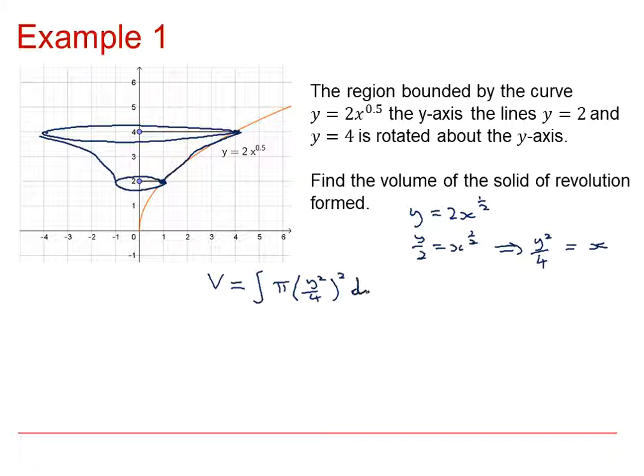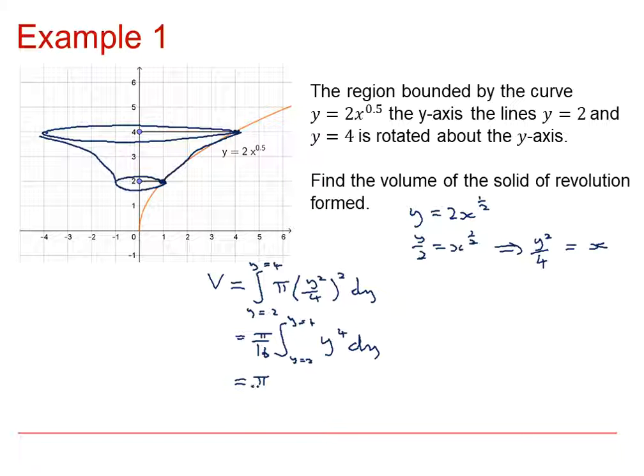Don't forget it's dy, y is the variable, and we're going from y equals 2 to y equals 4. So the volume is, taking pi over 16 out as a common factor, the integral from y equals 2 to y equals 4 of y to the power 4 dy.